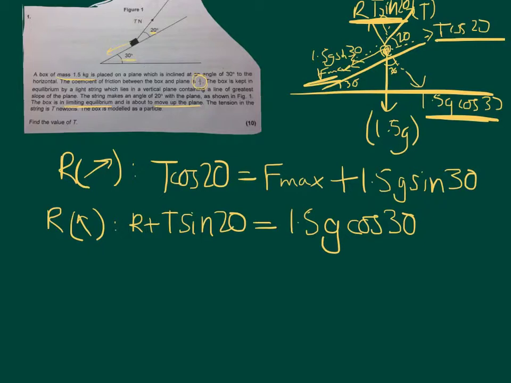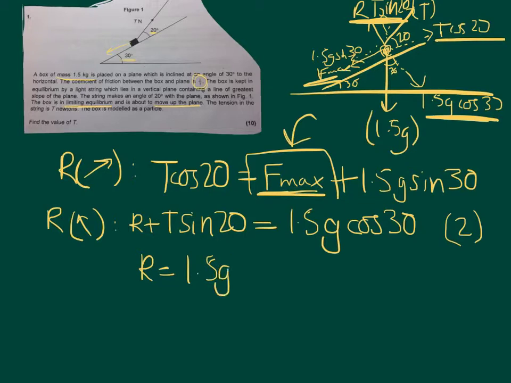Now we're trying to find T, so we know that F max is mu R, so we can rearrange equation 2 to make R the subject, and then we can put that into equation 1. Instead of F max, we can write mu R. Okay, so first let's write R equals 1.5 g cos 30 minus T sine 20, so this is equation 2.